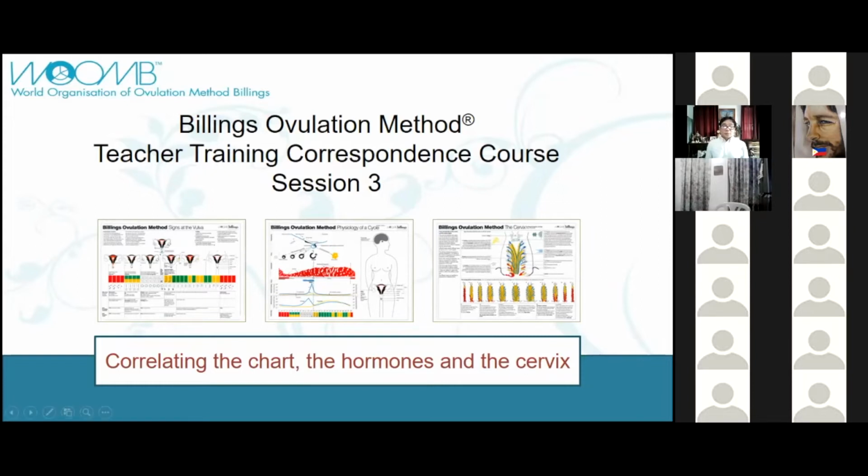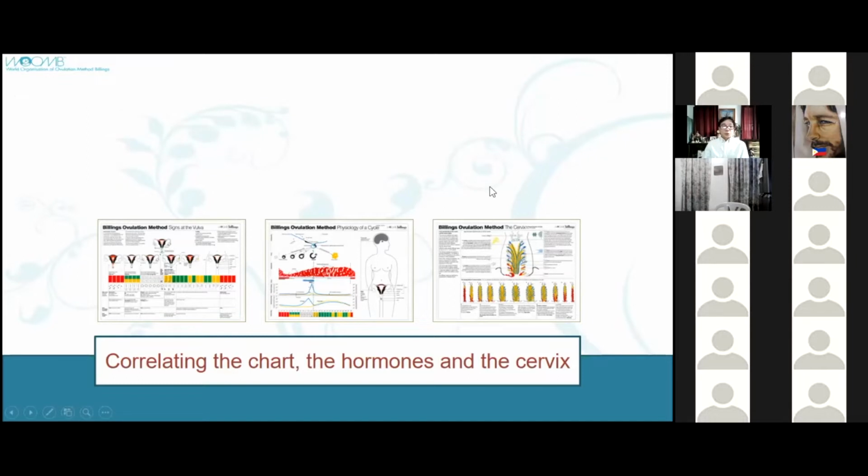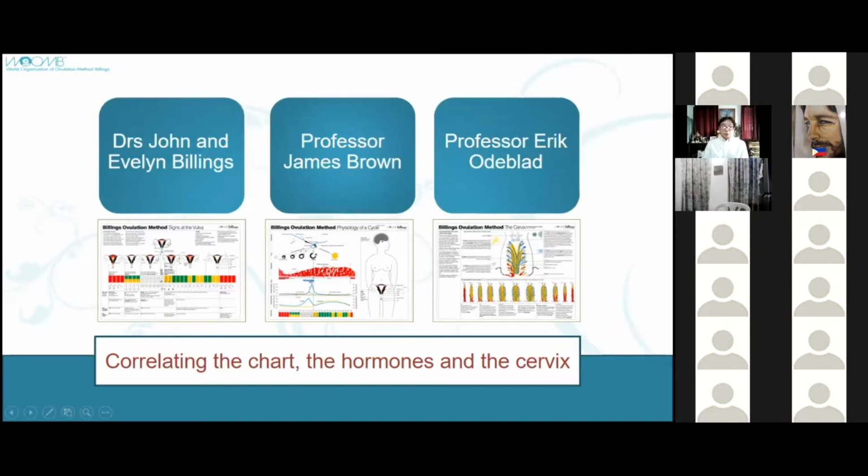So again, welcome to our session 3 of the Upskilling course on the Billings Ovulation method. Take note of the following people: Doctors John and Evelyn Billings, and Professors James Brown and Eric Odeblood, who made this study possible for all of us. Correlating the chart, the hormones, and the cervix. The chart is done by Doctors John and Evelyn Billings.